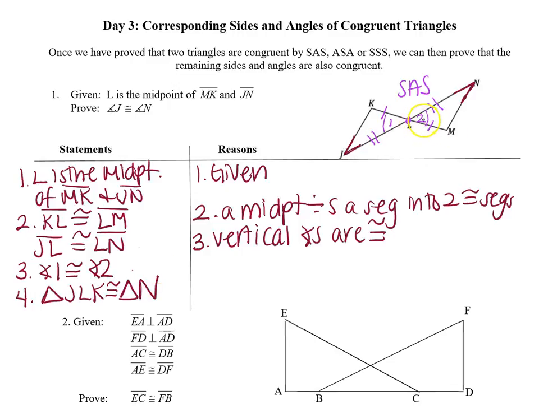L corresponds with L. And then M is going to correspond with K. So again, J corresponds with N, L corresponds with L, and then lastly K corresponds with M if you look at that diagram. Okay, and that's because of side, angle, side.